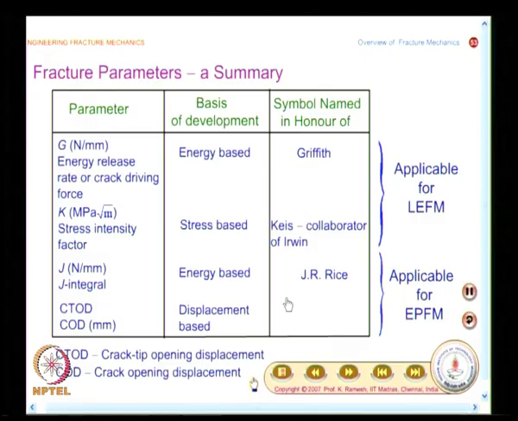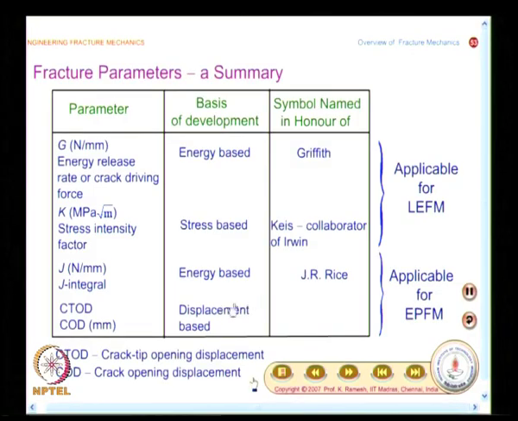There cannot be many; there have to be interrelationships among them. In fact, we would establish an interrelationship between G and K, and in the case of LEFM, G is the same as J. So, we would establish certain interrelationships among these.